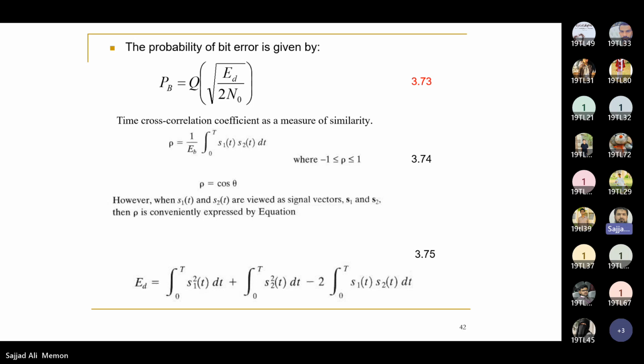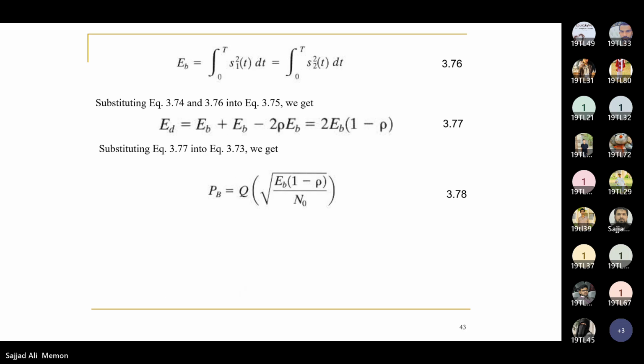However, when S1(t) and S2(t) are viewed as signal vectors S1 and S2, then the cross-correlation coefficient is conveniently expressed by the equation. The energy difference is equal to the integral from 0 to T of S1 squared(t) plus S2 squared(t) minus 2 S1(t) S2(t). So the energy will be equal to EB minus 2 psi EB.